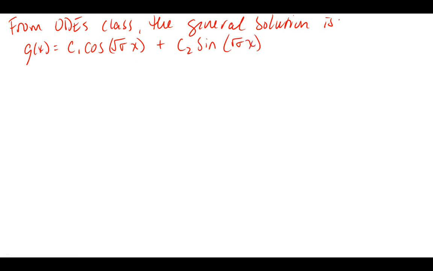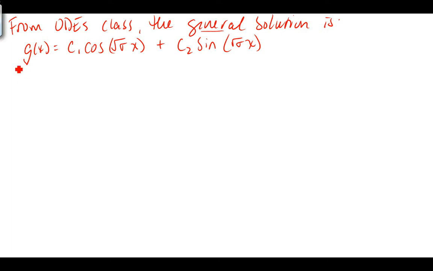Okay, so this is sort of exciting that we've gotten a solution. Now that's not a solution to the PDE, but that's half of it. But let's run our initial points through, right? And of course, remember, we also know that's our general solution. So now let's run the initial points we have through this and see if we can make heads or tails of what C1 and C2 might be.